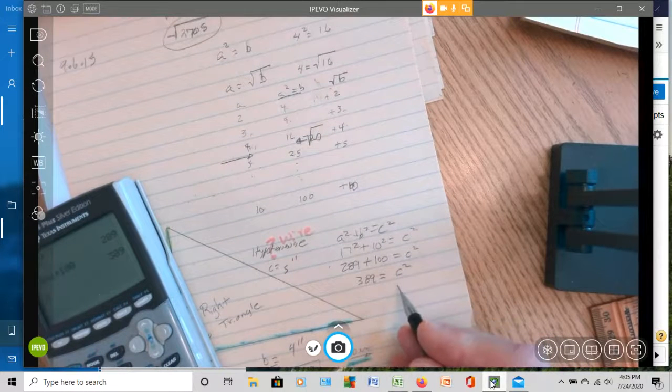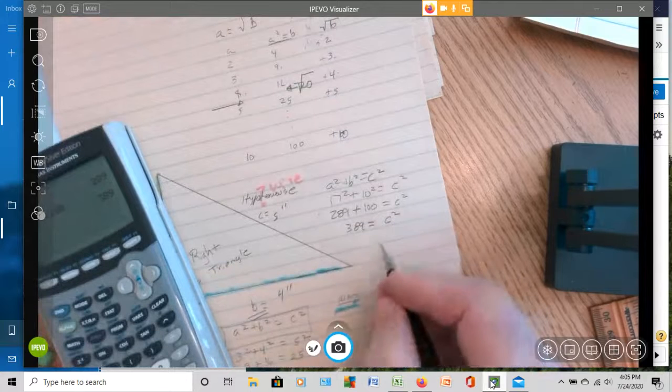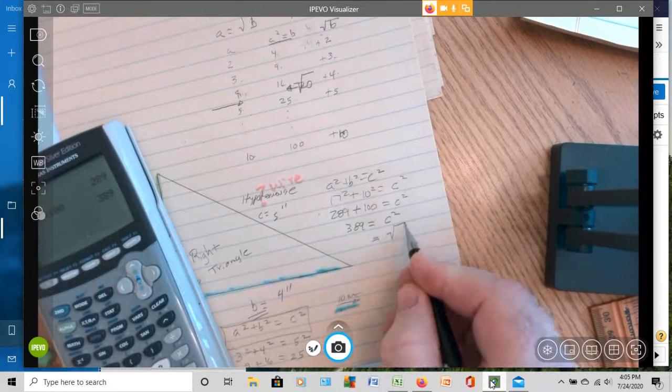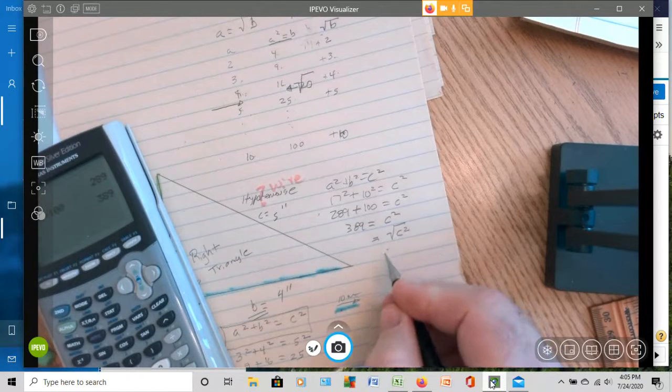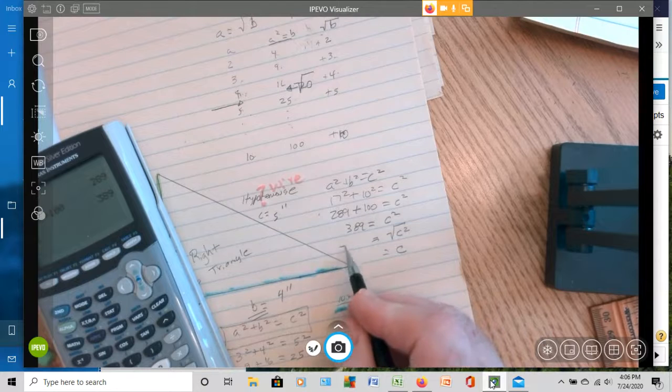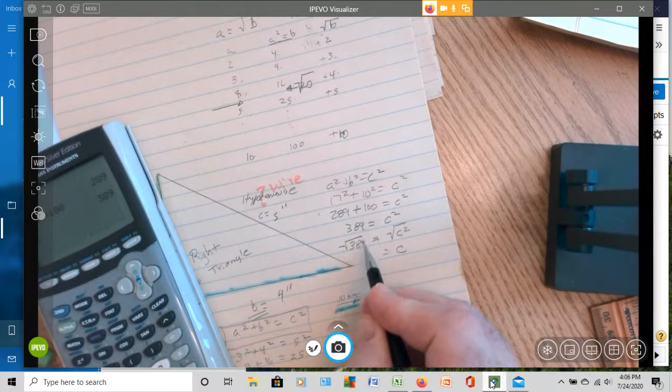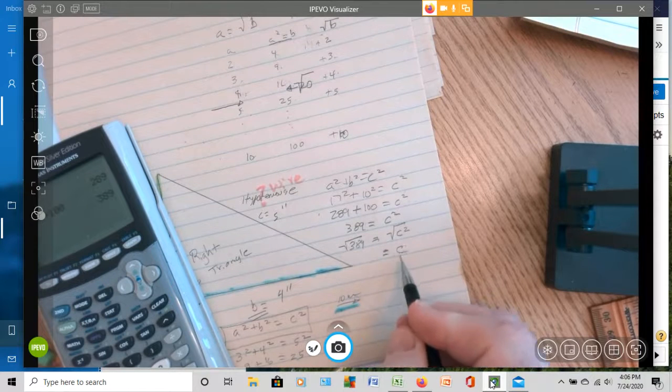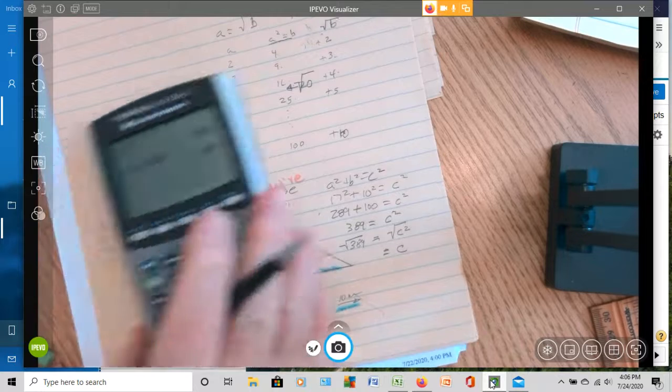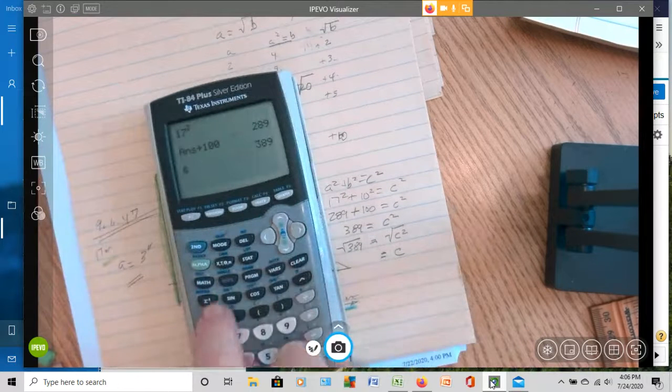So do you see that what we need to do is simply say that the square root of c squared is c, and therefore the square root of 389 must be c. So we just go back to our calculator and say, give me the square root of 389.